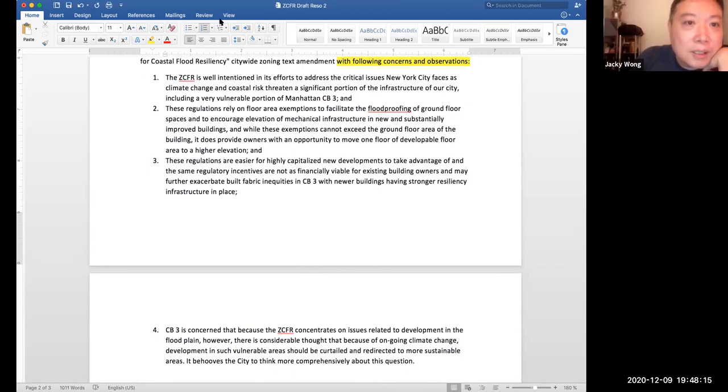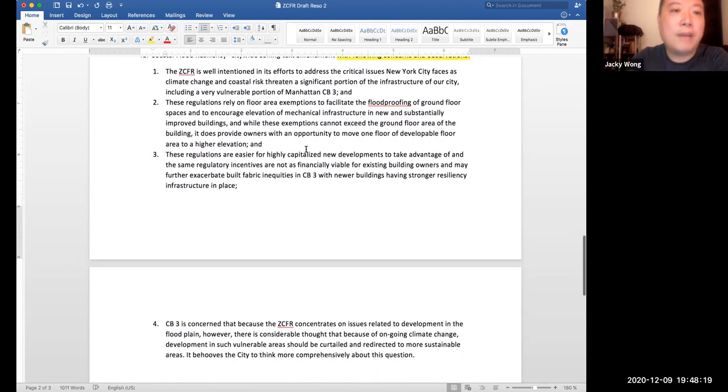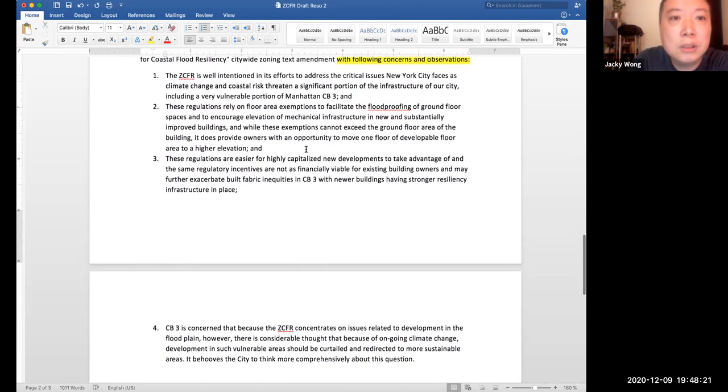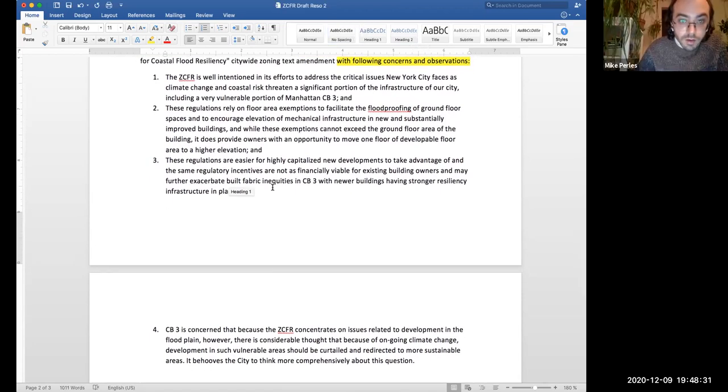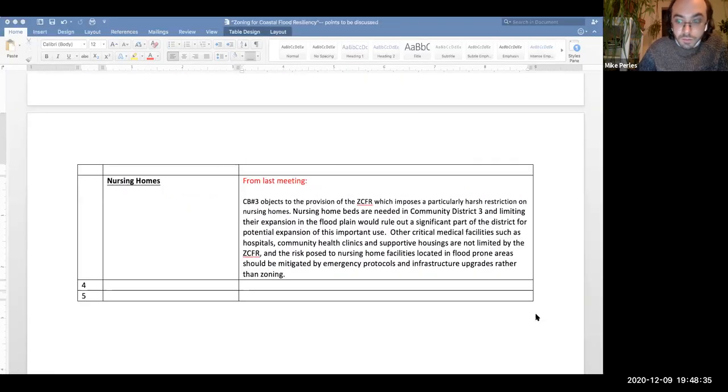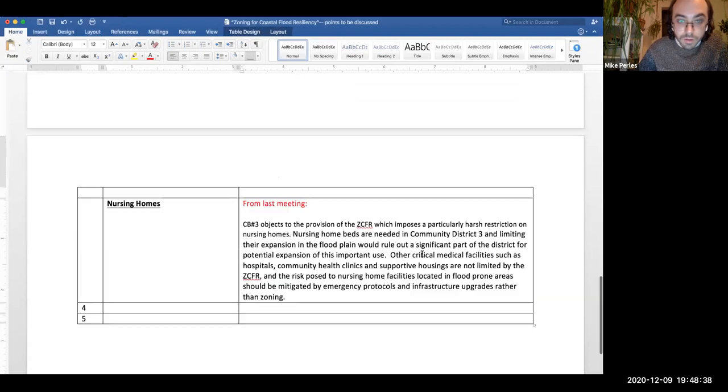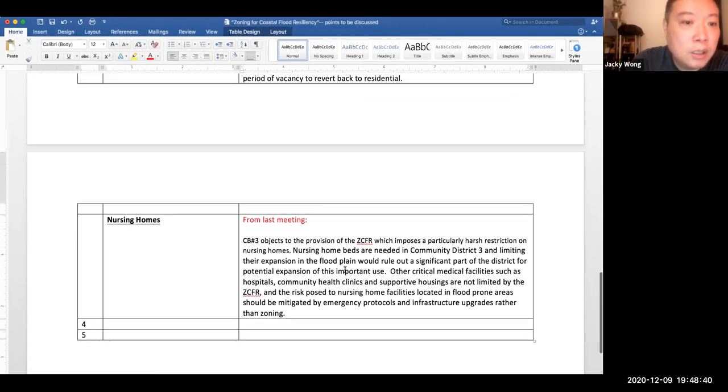Mike, can you take the points from the other file and put them there, so we could take the non-conforming use and also the nursing home and move them to this file? Sure, let me see. The point about non-conforming use.